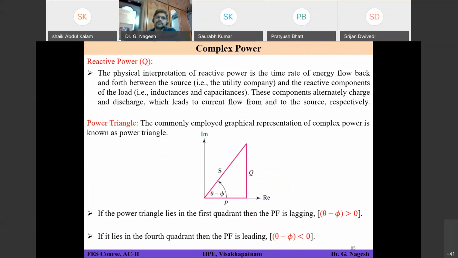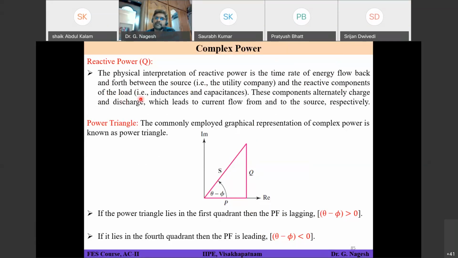Okay, so what is this reactive power? What does it mean? The physical interpretation of reactive power is the time rate of energy flow back and forth between the source and the reactive component in the load.